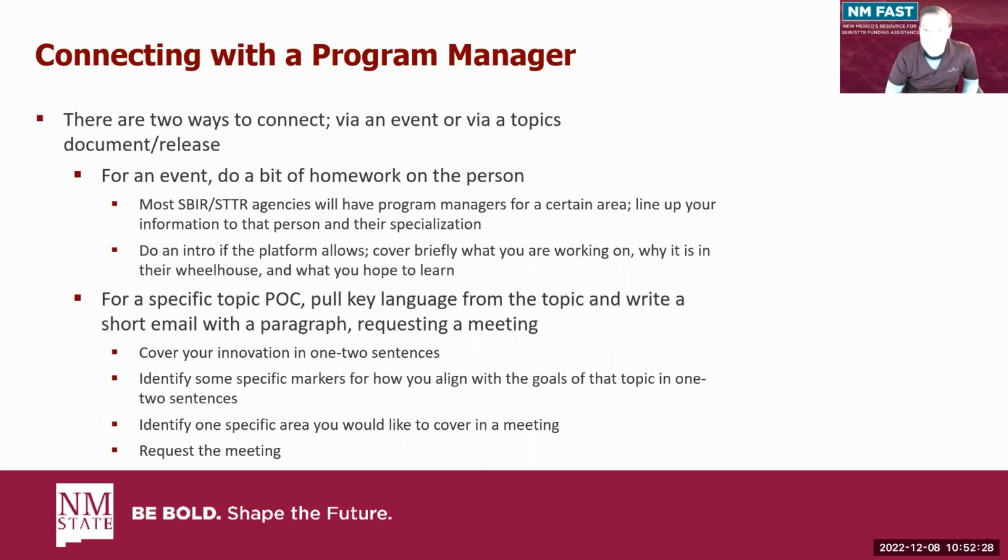For specific topics, like Department of Energy, their FY23 release 2 topics are out, and they have a point of contact. So whenever you're introducing yourself, whenever you're requesting the meeting, don't just send somebody a quad chart out of the blue. Actually send them an intro and request a meeting, pull some language, pull some verbiage.